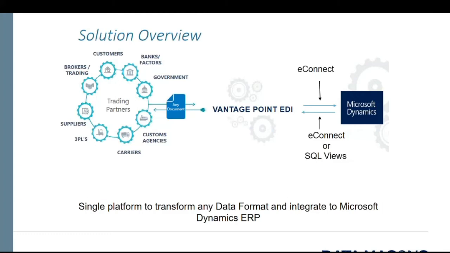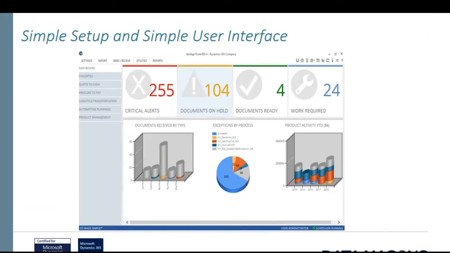So a lot of different touch points with the outside world into and out of Dynamics GP. And we enable that by supporting 72 different types of document transactions into and out of the GP platform. So there's pervasive connection into GP, in and out.